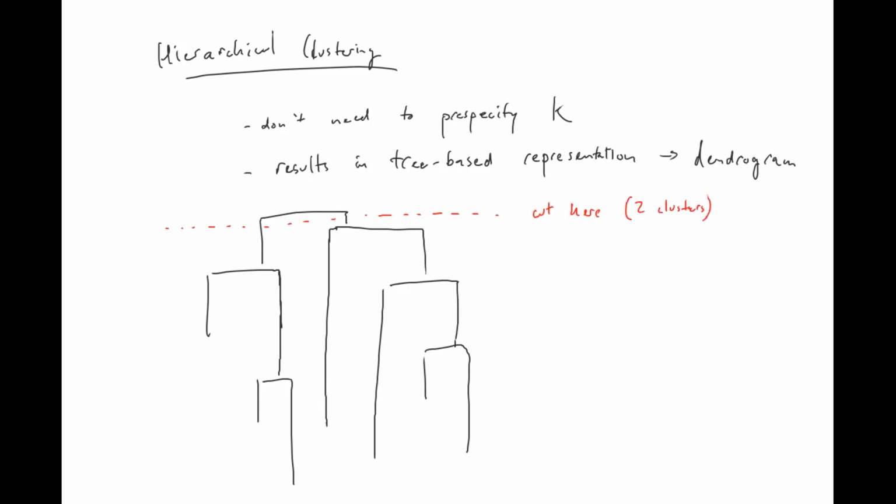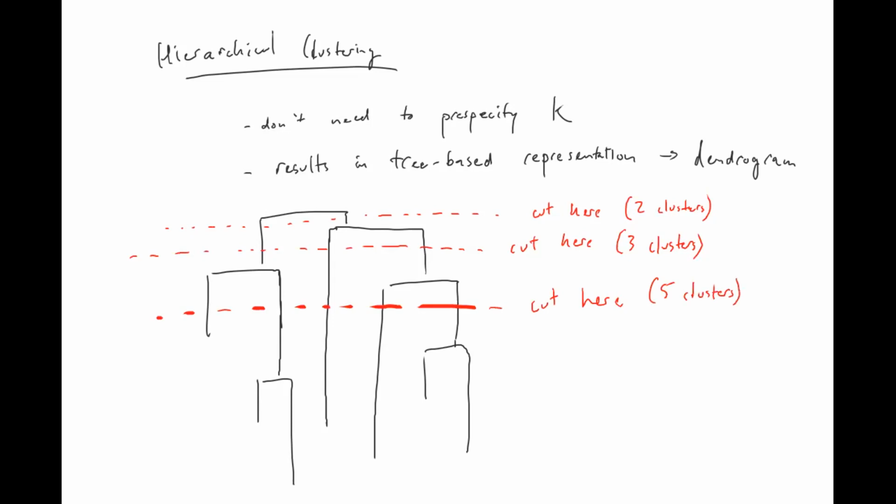If I cut right here, I've got three clusters. And if I were to cut down here, I've got five clusters. So the nice thing about hierarchical clustering is it preserves all the information about however many clusters you want within your system, all the way from one cluster to n clusters, where n is the number of data points.